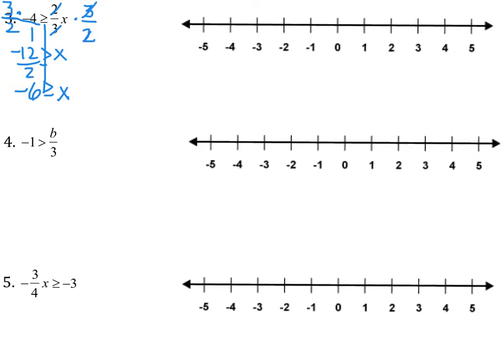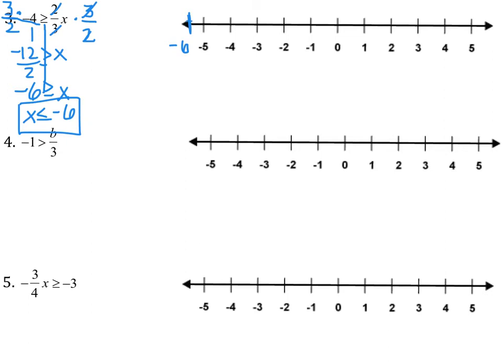But a problem I have here is that my variable is not on the right side or the correct side. So I'm going to rewrite it. So x is on the left side, negative 6 is on the other side. The arrow is pointing toward the x. So now I just need to graph that. So that's going to be slightly off my chart here.